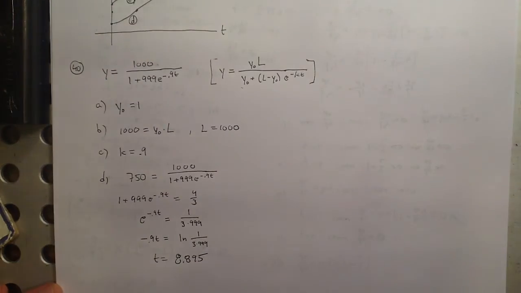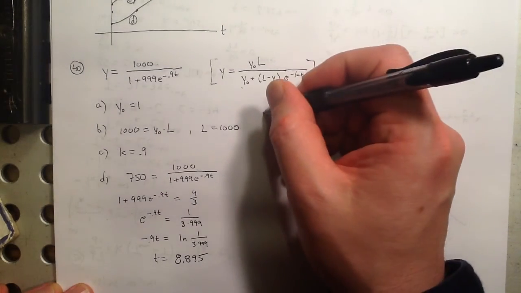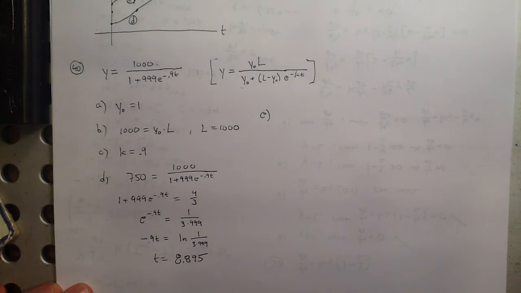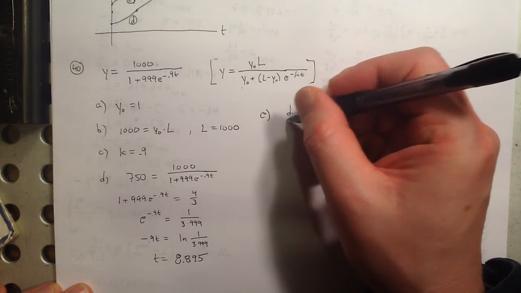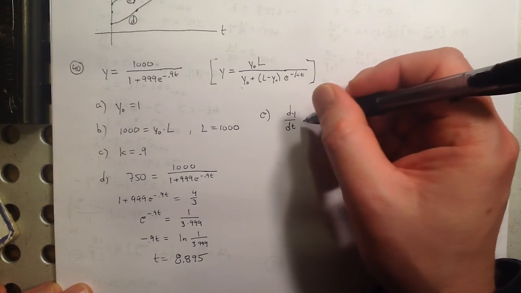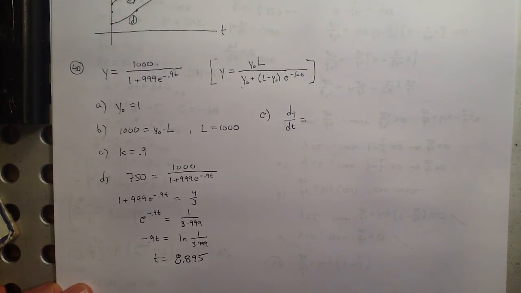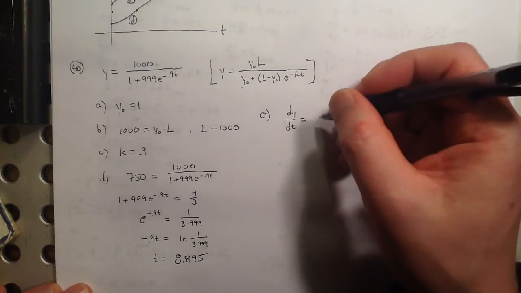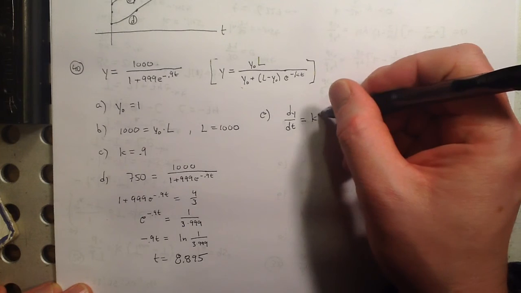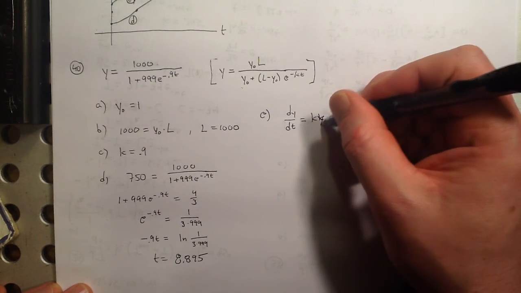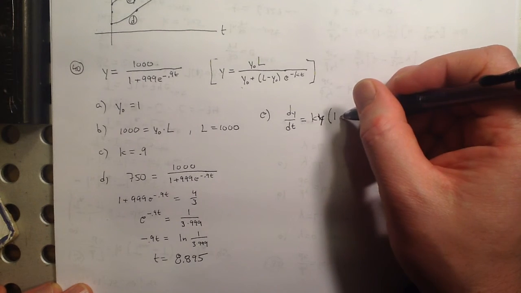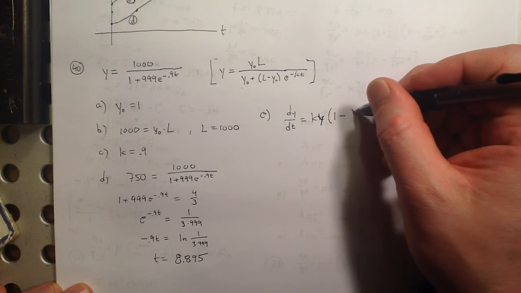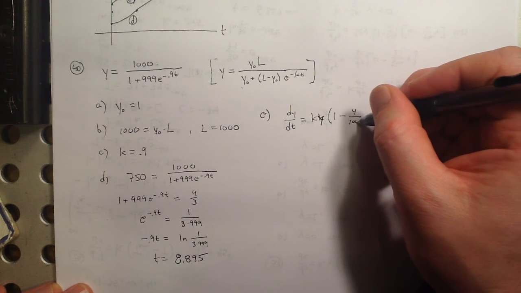And then part E, they want us to write the initial value problem that would result in this solution. So, a logistic initial value problem starts with the logistic differential equation, ky times 1 minus y over the carrying capacity.